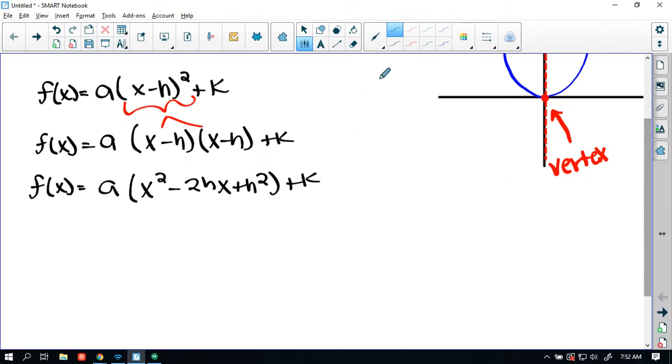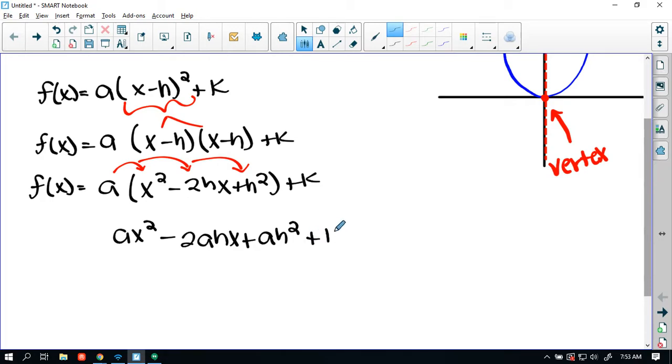Next I'm going to factor in that a. So I have ax squared minus 2ahx plus ah squared plus k.